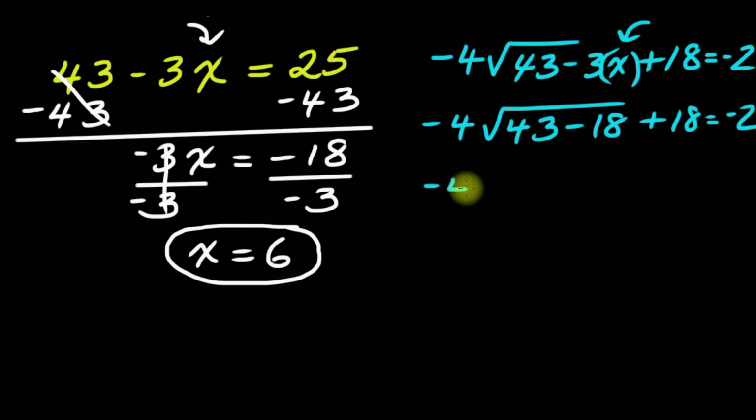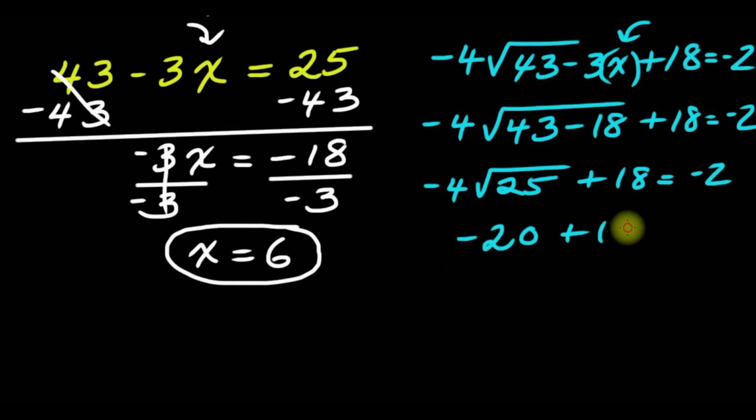And then negative 4 times the square root of 25 plus 18 is negative 2. This gives us negative 20 plus 18 is negative 2. So we have negative 2 equals negative 2. That works, so x equals 6 is the final answer.